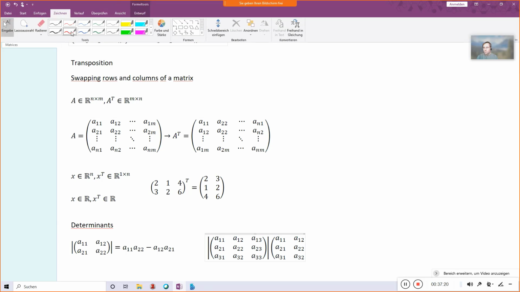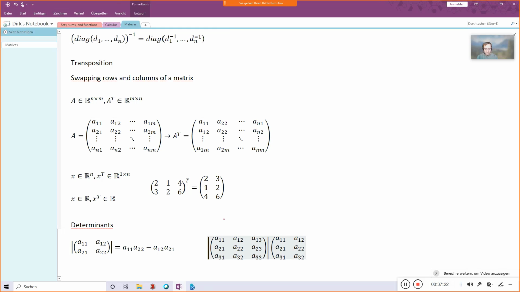So you compute this product, you compute this product, and you compute this product, and these are positive terms in the determinant, and then you compute this product, and this product, so the product of these elements, and these are negative terms, and these then yield the determinant.